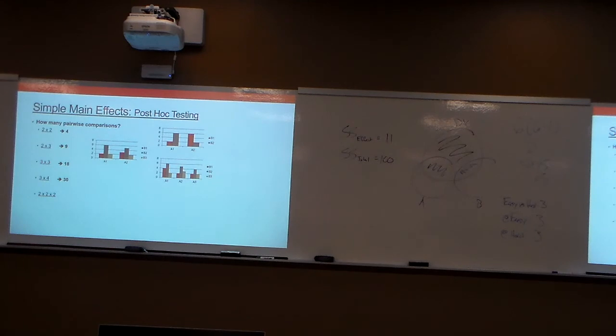I've got a 2 by 2 by 2. Got 12. Here we've got 1, 2, 3, 4, 5, 6, 7, 8, 9, 10, 11, 12. 2 by 2 by 3, 24, right?